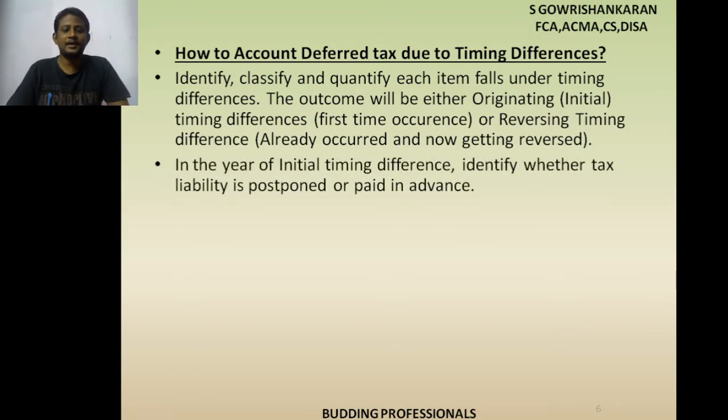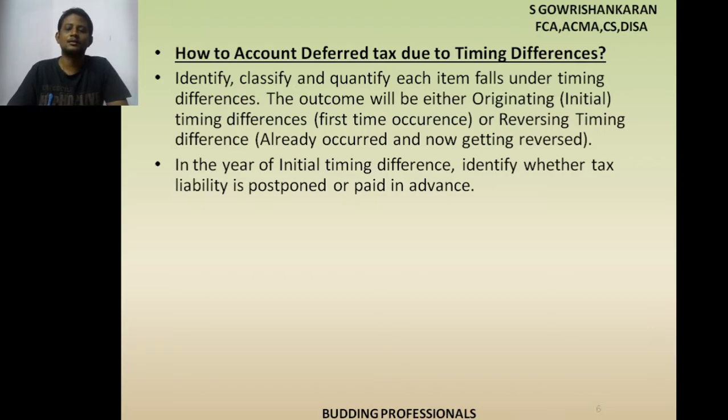So what they are saying: in the year of initial timing differences, whether a tax liability is postponed or paid in advance. First of all, that is originating timing differences. In the year of originating timing differences, we have to understand whether we are paying more or paying less under the Income Tax Act.